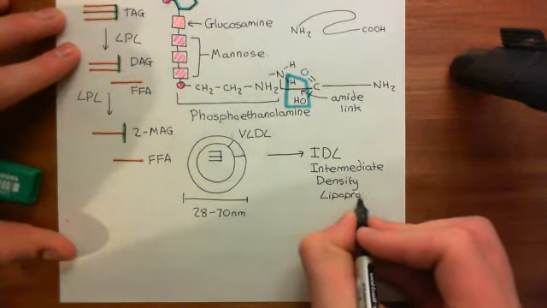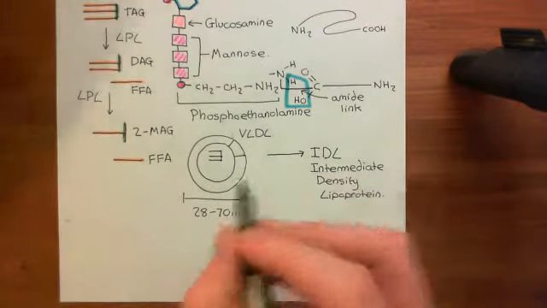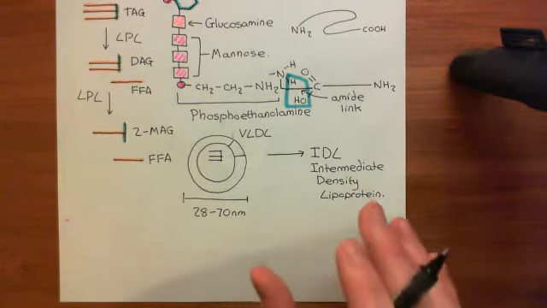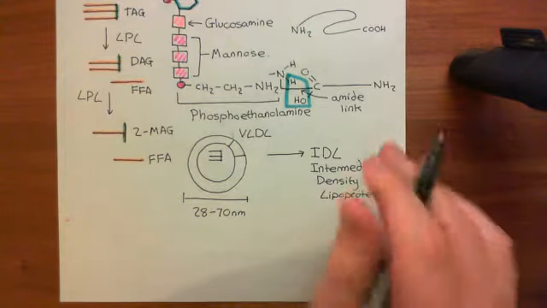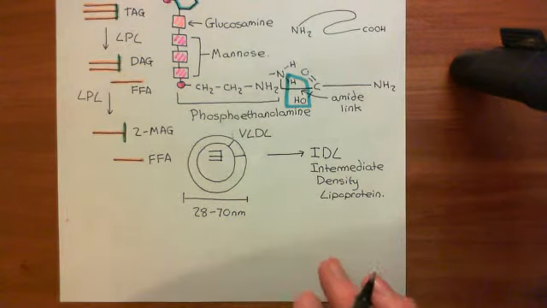So it's the intermediate step. It can still function: it can still go to the endothelial cells of capillaries within skeletal and cardiac muscle tissue, and it can deliver triacylglycerols to them.